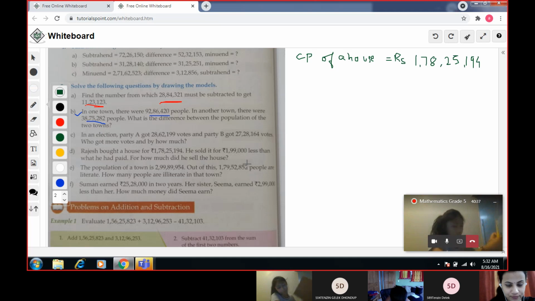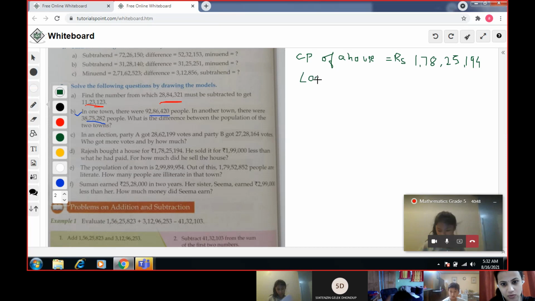This is given. Now the second one is he sold it for this much less. So write here loss in the sale of house. This is loss, okay, because he sold it for a smaller amount.